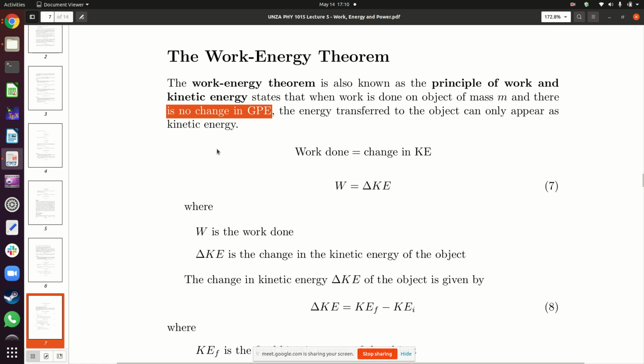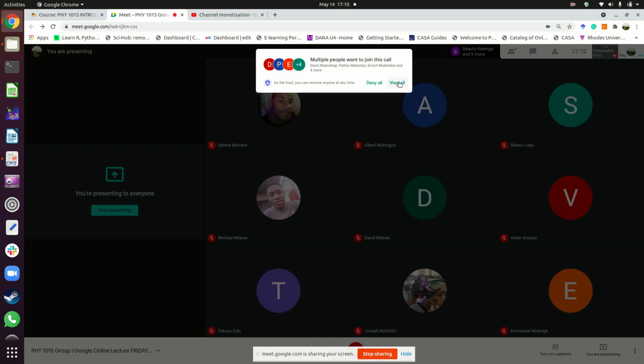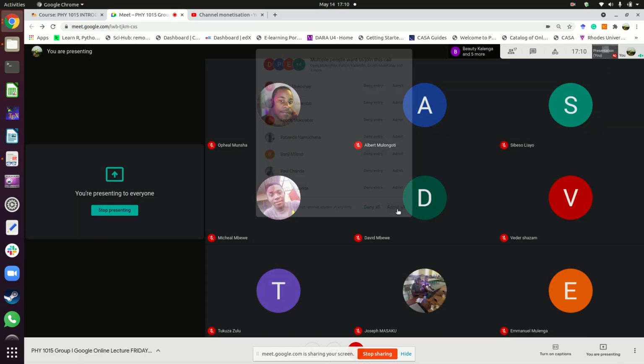So this particular object will have to move. What we are saying here is that the work done is equal to the change in kinetic energy as long as the gravitational potential energy remains the same. So the height of this particular object doesn't change. That is the statement of the work energy theorem.